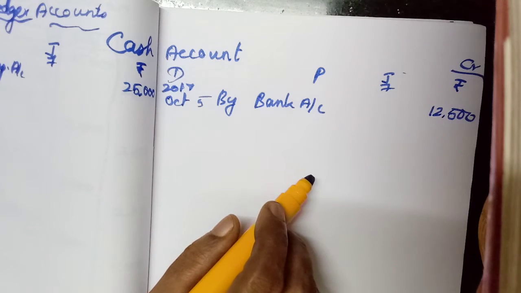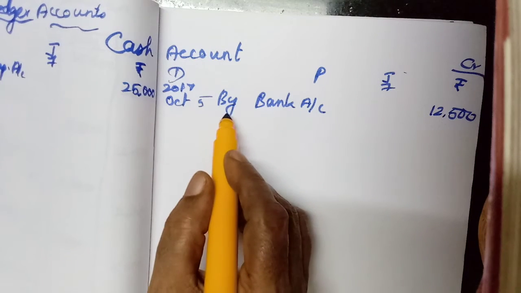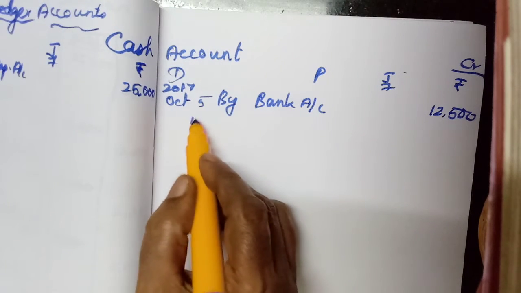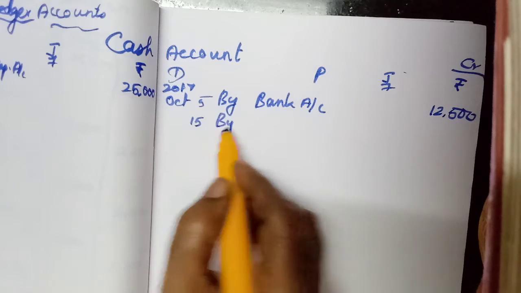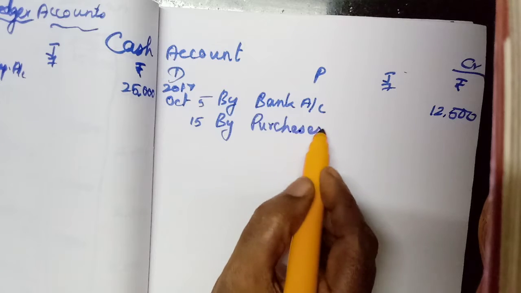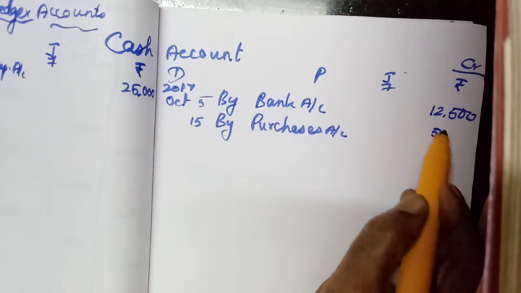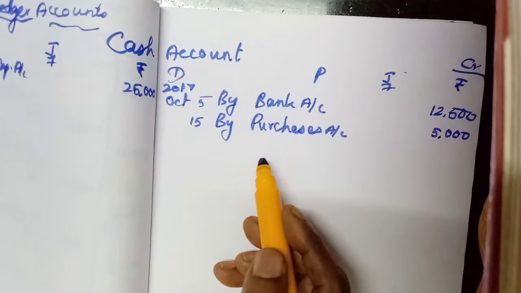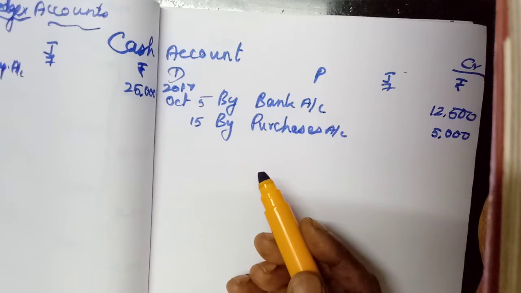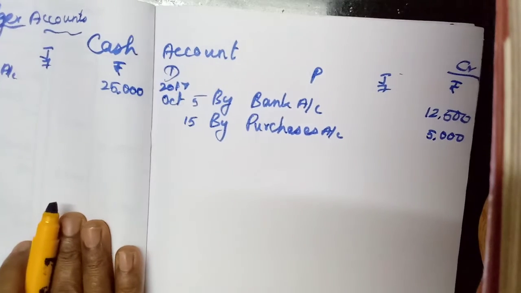Then goods purchased, the 15th one. Here cash is credited, so the date 15, by purchases account, 5,000. That's all. Now we will balance it.